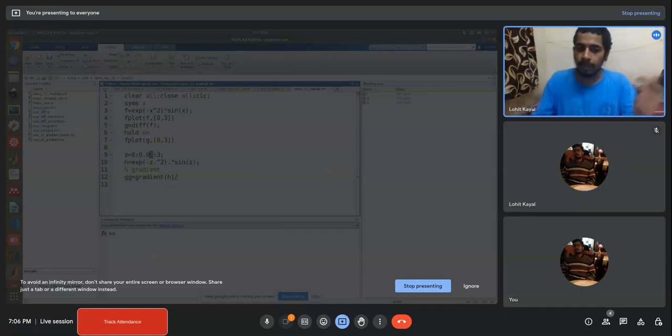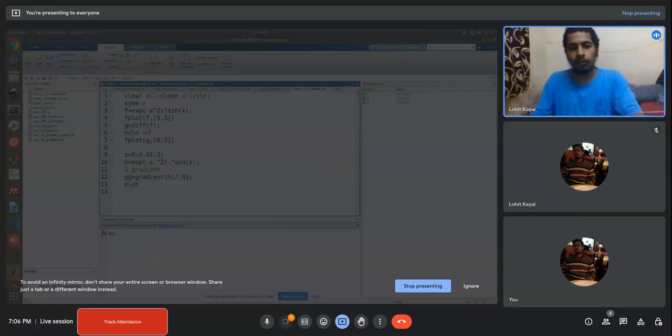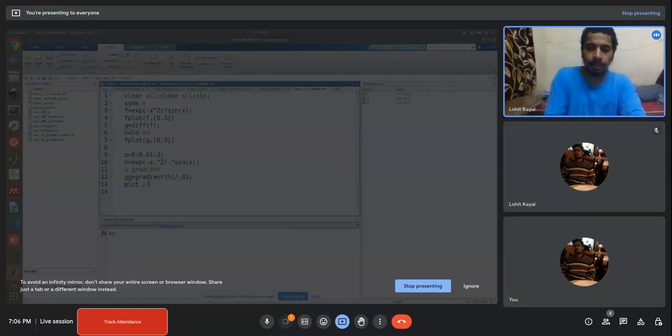I will go into detail on gradient in a moment. But first, the result will be dh. My derivative is gradient of h divided by dz, and here dz is 0.01.